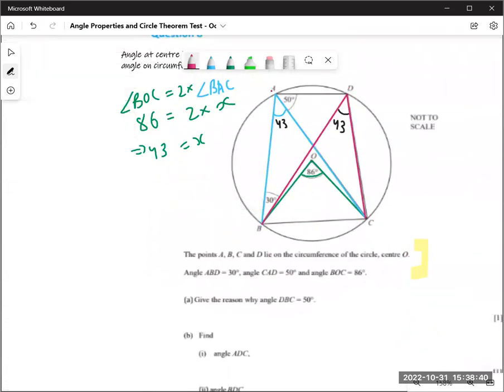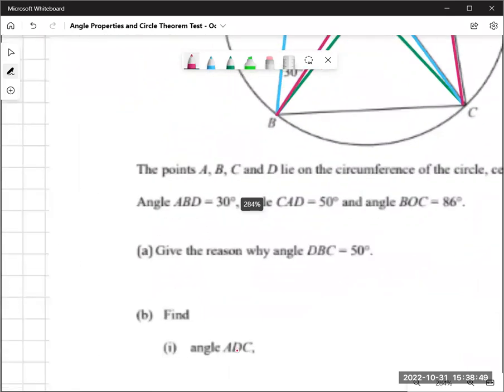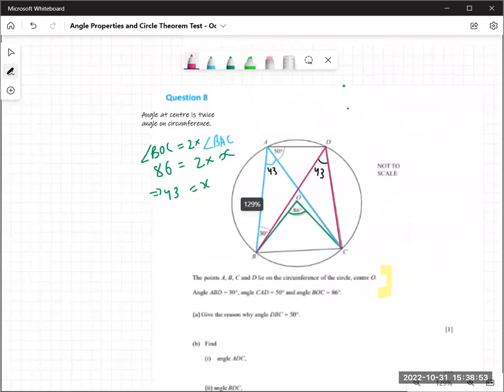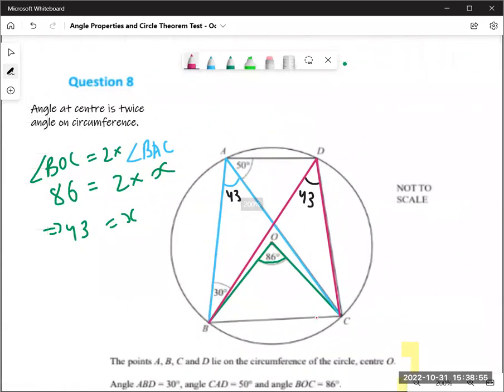ADC, where's ADC? ADC, this one. Just a second. Where's that angle? Now they're telling us to give the reason why angle DBC is 50. Check.